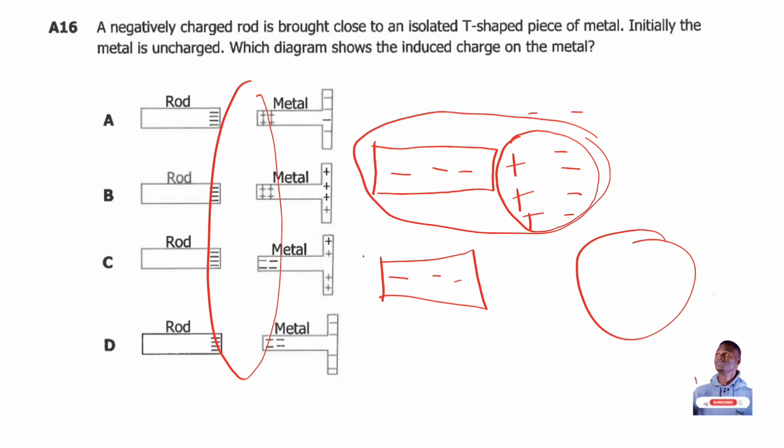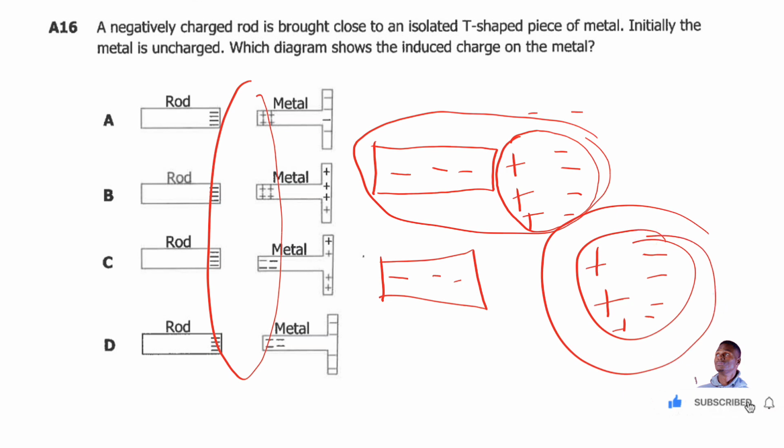The negative electrons will move towards the right here, and you just remain with positive here, so that this one is also charged. Now when you look at the options, A, you have negative here and the positive, and the negative electrons are pushed there. I think this one is best.